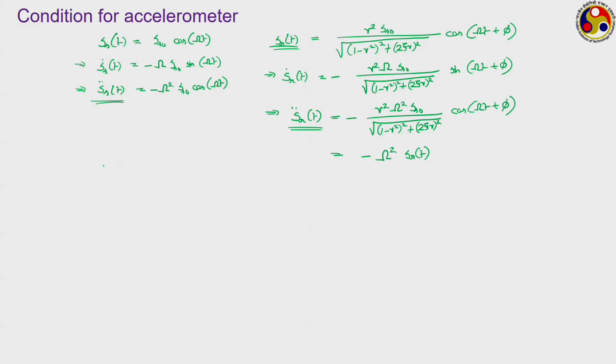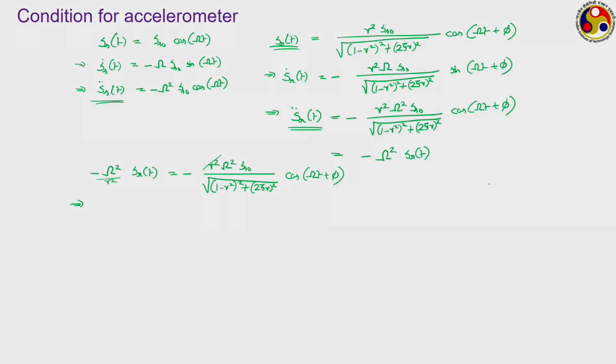So, if we compare this, the displacement S_R(t) is equal to minus r square omega square S_S0 by root over (1 minus r square) whole square plus (2 zeta r) whole square, into cos(omega t plus phi), and we divide everything by r square, that is we remove this r square and divide this by r square.